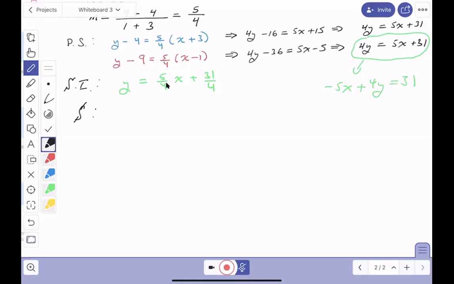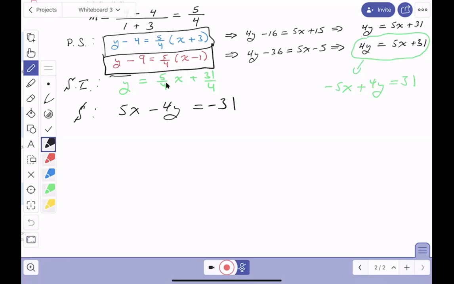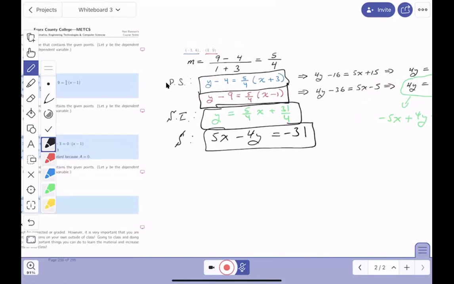I like to multiply both sides by minus 1. You get 5x minus 4y equals minus 31. Now, by the way, this is a good answer, this is a good answer, and this is a good answer. Which answer do you have? I don't know. Let's take a look. I'll go over here, look at the answer key, see how I did.